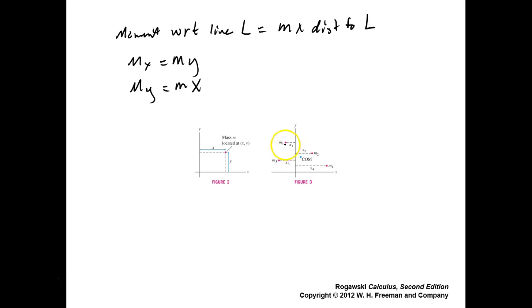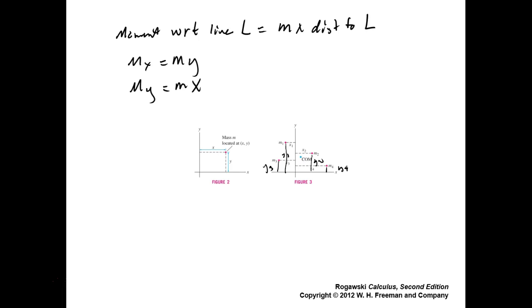The moment with respect to the x-axis would use your y1, y2, y3, and y4. And your moment with respect to the y-axis would be the sum of all those divided by the total masses again.